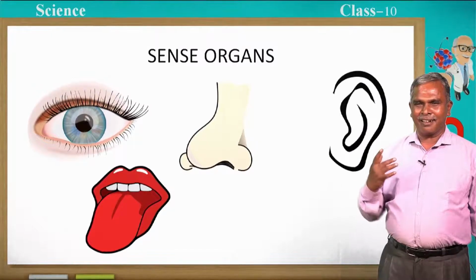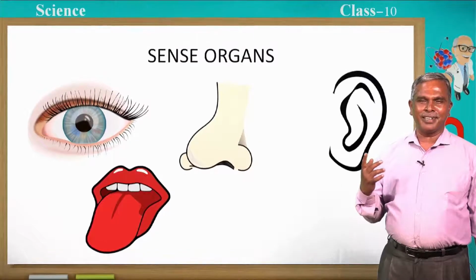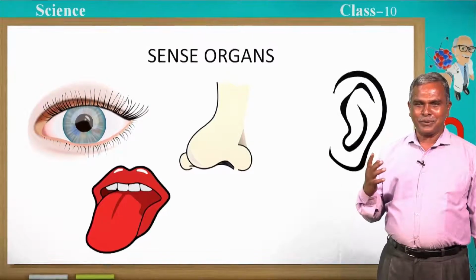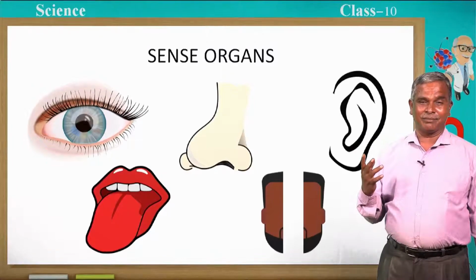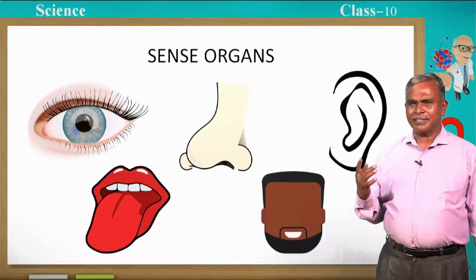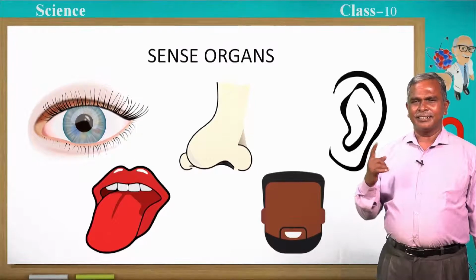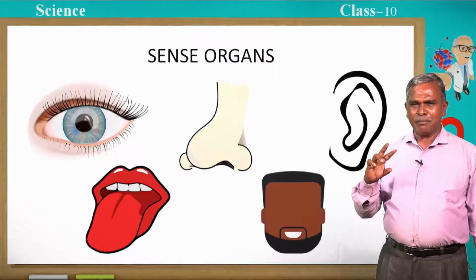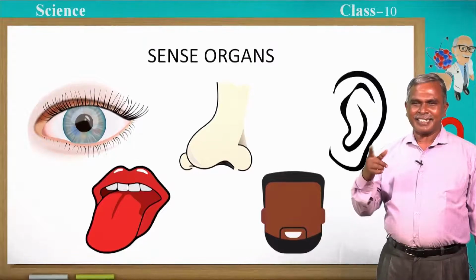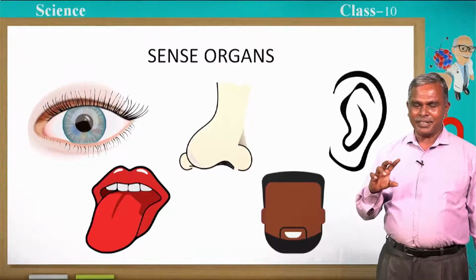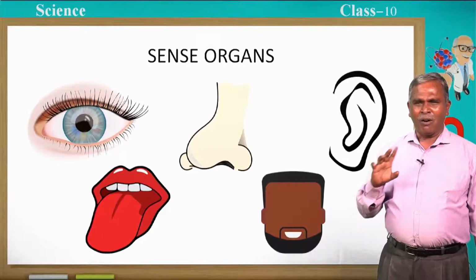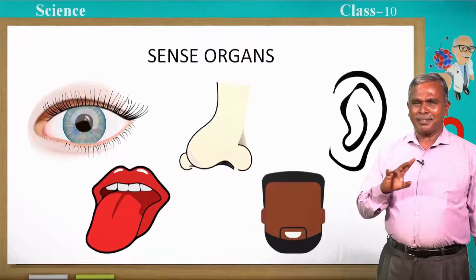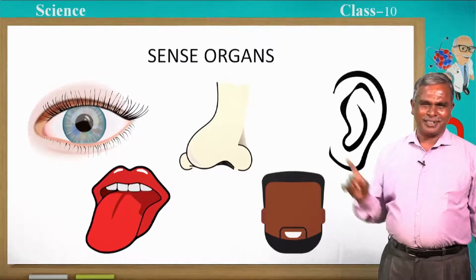And another very important organ is nose. From nose our breathing is possible and even we can smell the things around us. The last sensory organ is the skin, which enables us to feel touch, and moreover it gives good protection to our body.